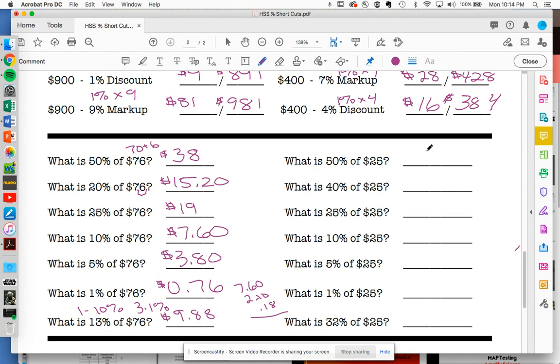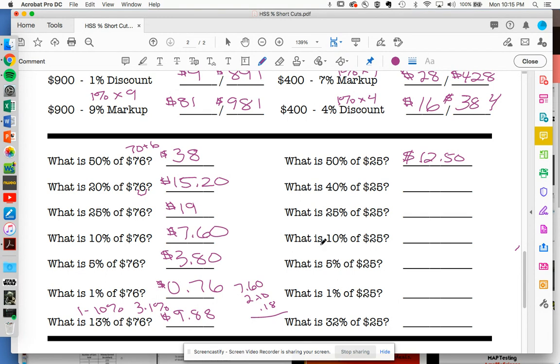Okay. Now let's say we find something for $25 and we save 50%. Okay. Go ahead, do this on your own. Again, hopefully you did this, but 50% of $25 would be half of 20, half of 5. Half of 20 is 10, half of 5 is 2.50. Put those together, you get $12.50. Make sure you have that zero.